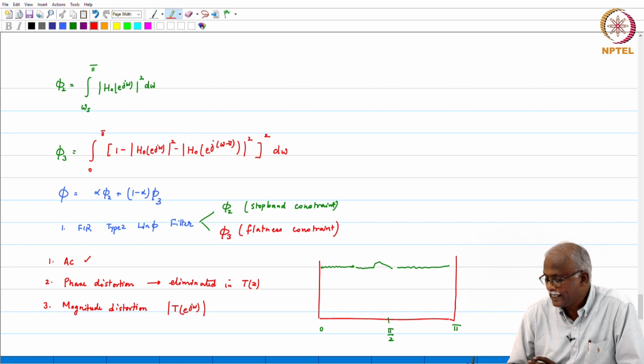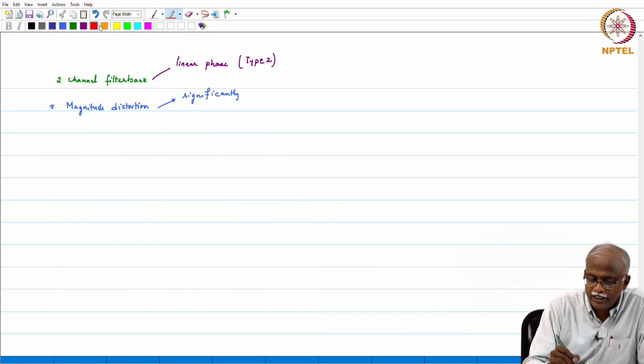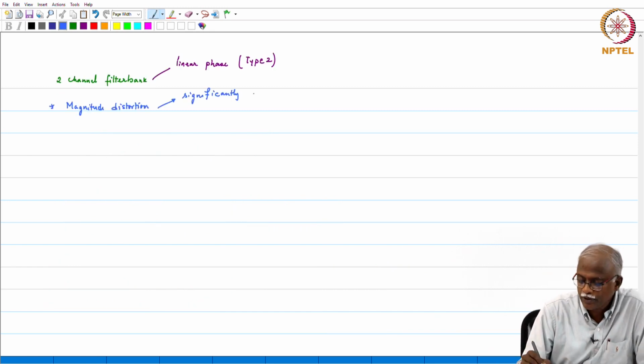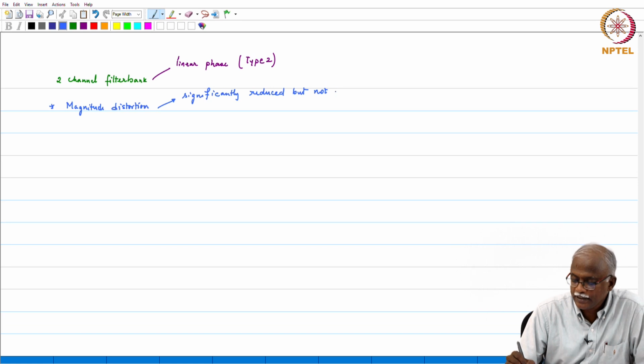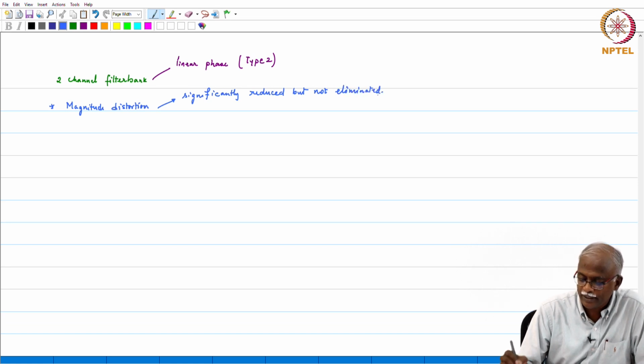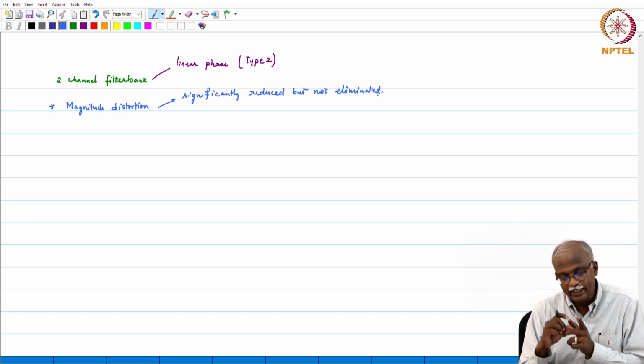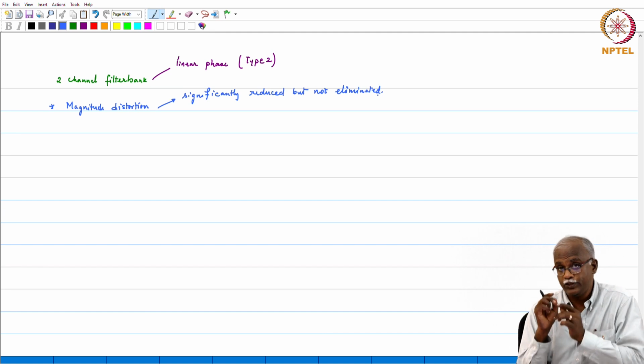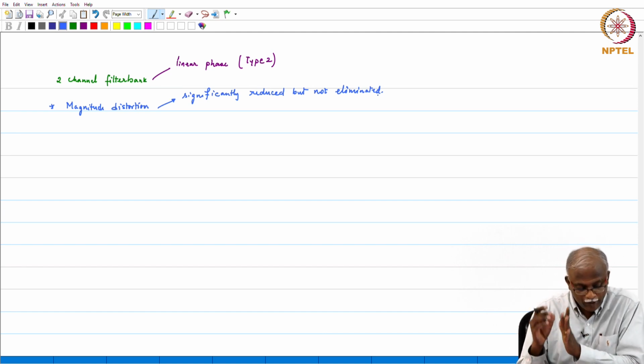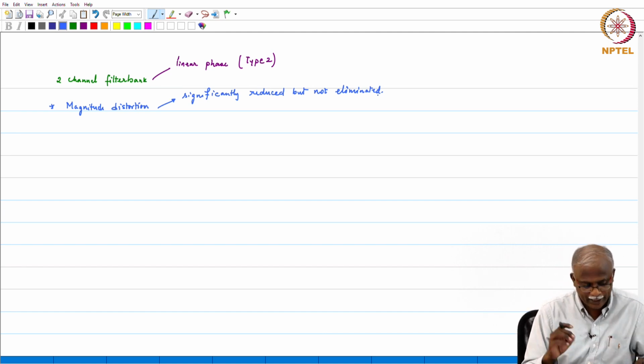It's not exact, so significantly reduced but not eliminated. Okay, so that is the situation with the two-channel filter bank. So we are still interested in methods that can completely eliminate the magnitude distortion. Now that is something that we will take up in the next lecture.